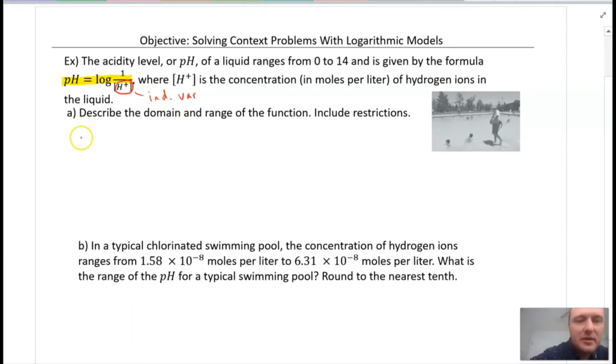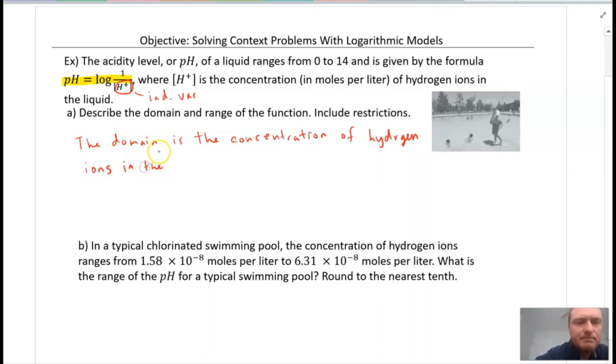So I'll say the domain is the concentration of hydrogen ions in the liquid, and in parentheses, this is H plus, comma, in moles per liter. Those are the units.